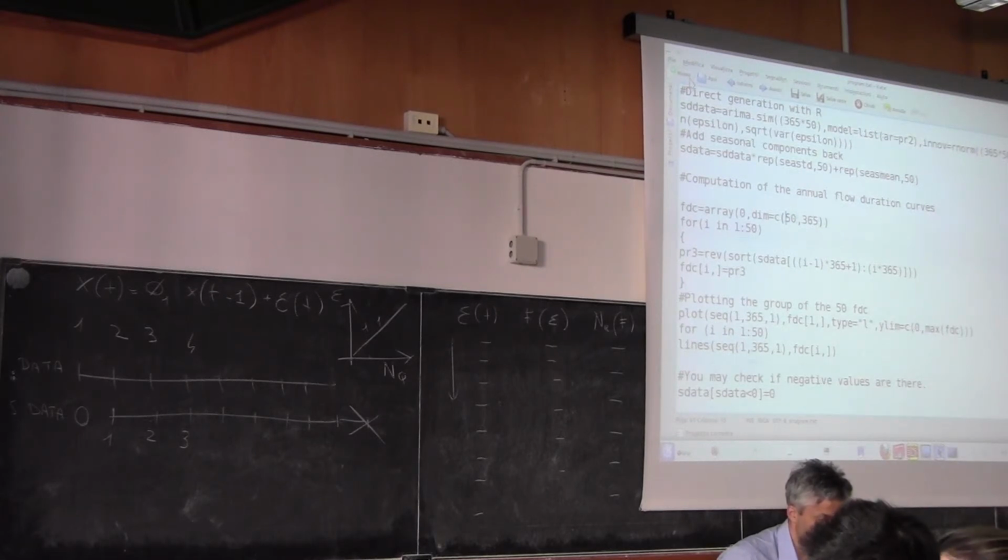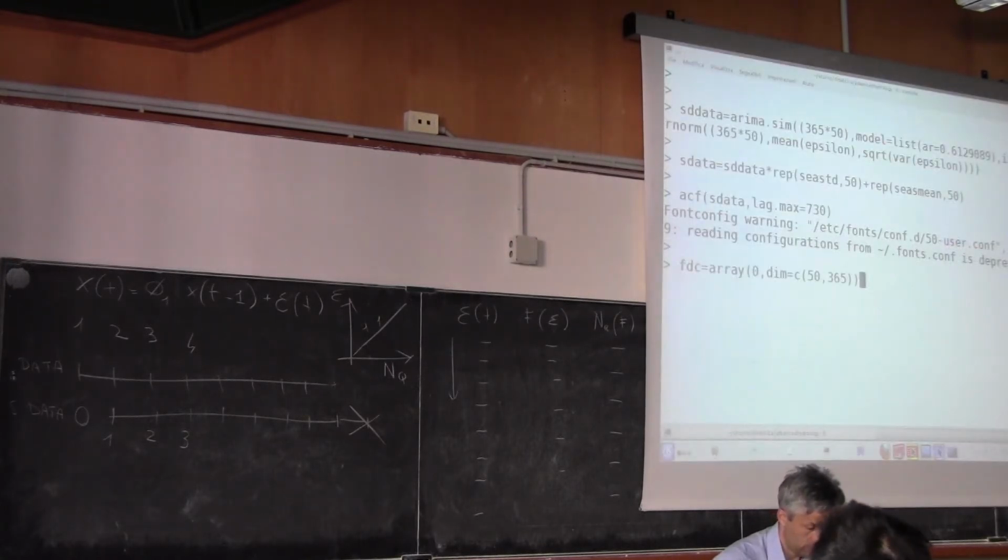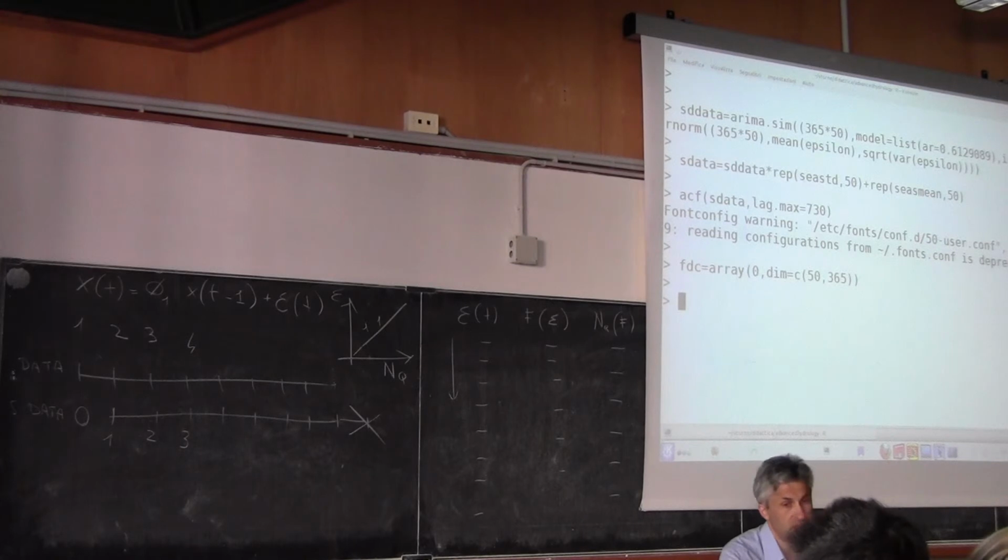So let me define an array. The array is the array of the flow duration curves, and the array should have a dimension of 50 times 365. For now, I define the array by filling it with zeros.